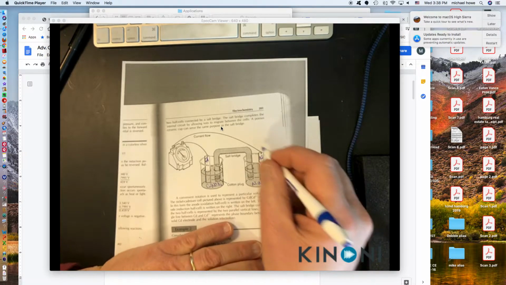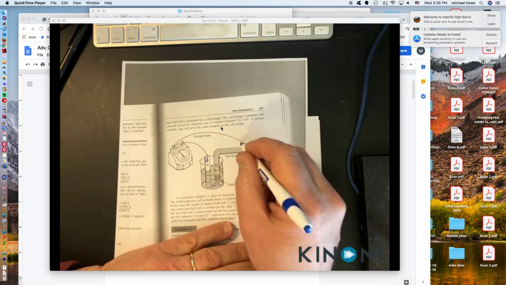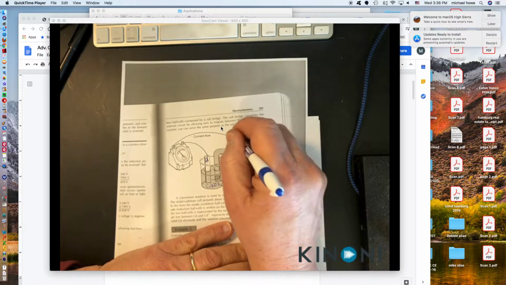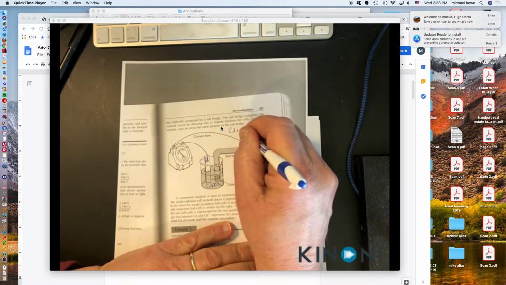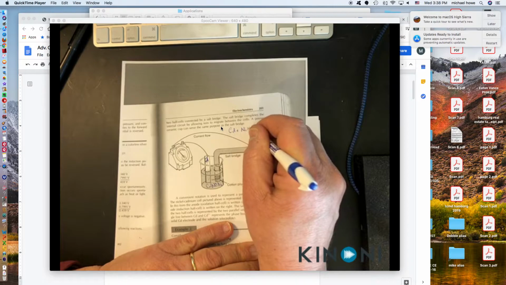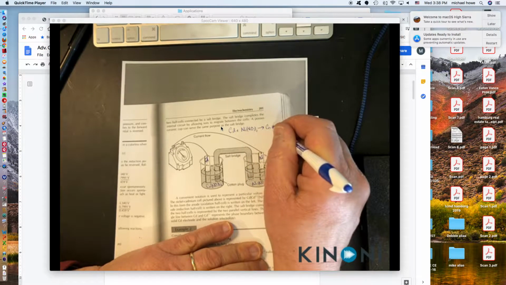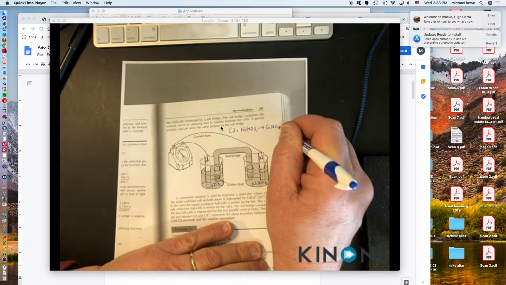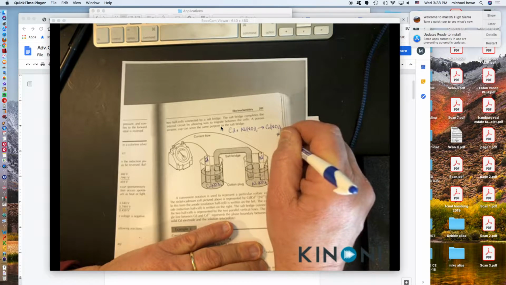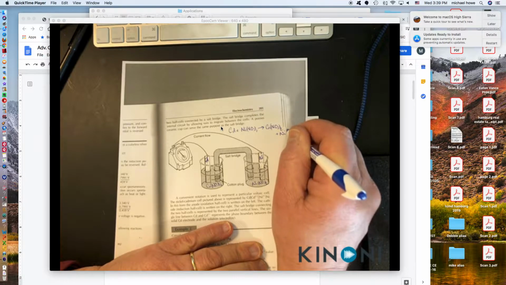What happens is, first of all, if you had this chemical equation, cadmium plus nickel 2 nitrate, you'd expect to get cadmium nitrate and nickel would be released.